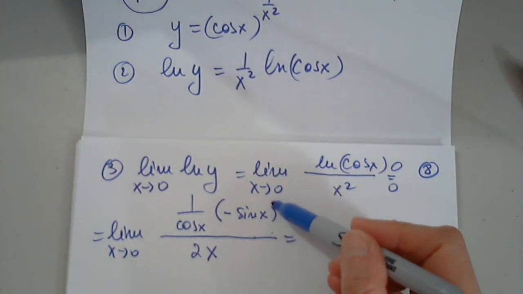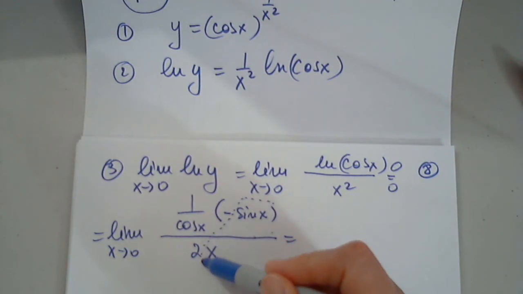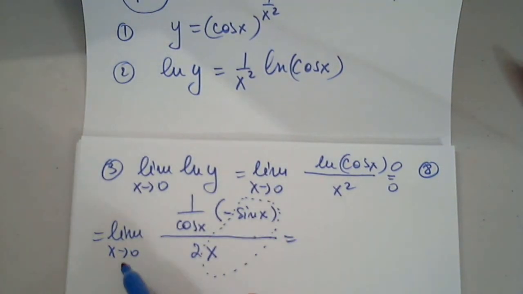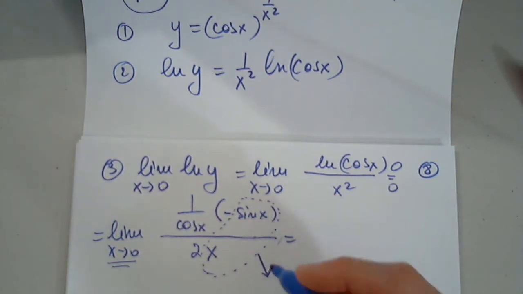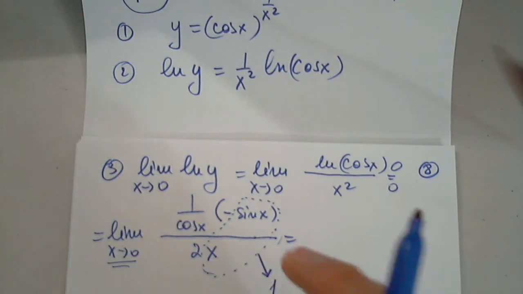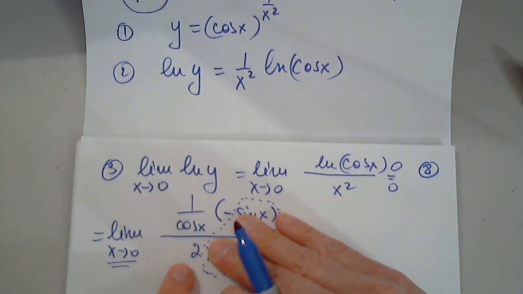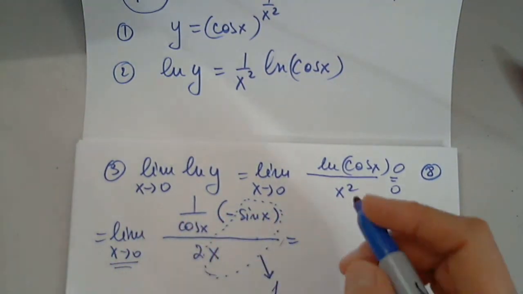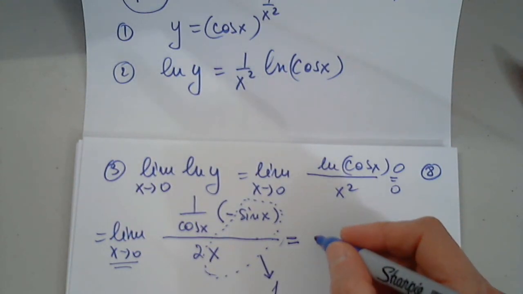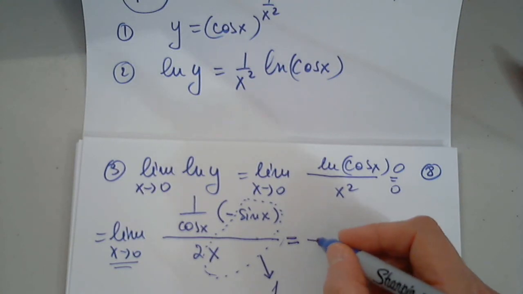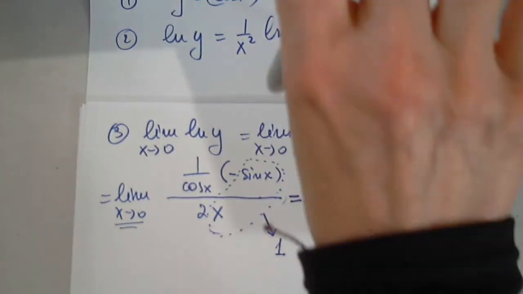If you remember, sine x over x, when x approaches 0, where does this go? Does that go to 1 as well? To 1, very good. So this is 1, this is 1, there is a 2, and there is a minus. So what is the answer? Negative 1/2. Good.